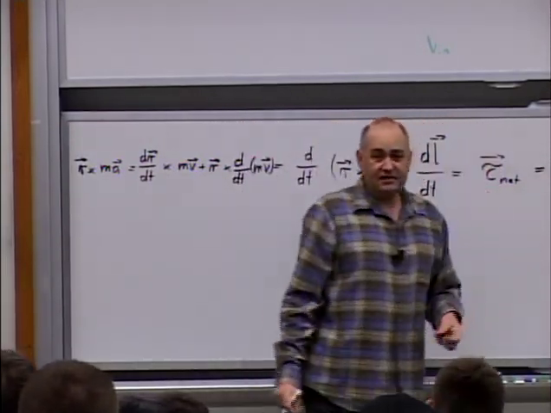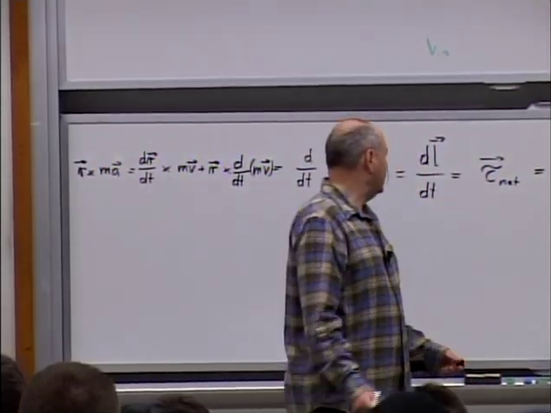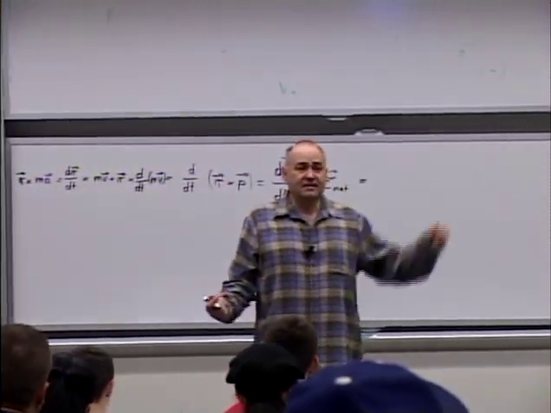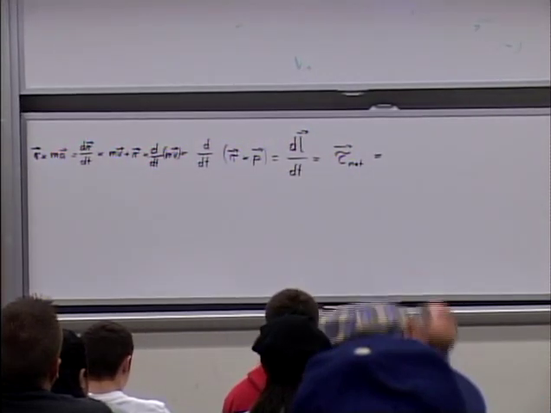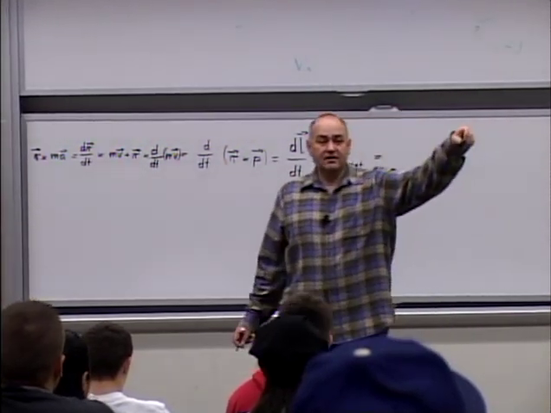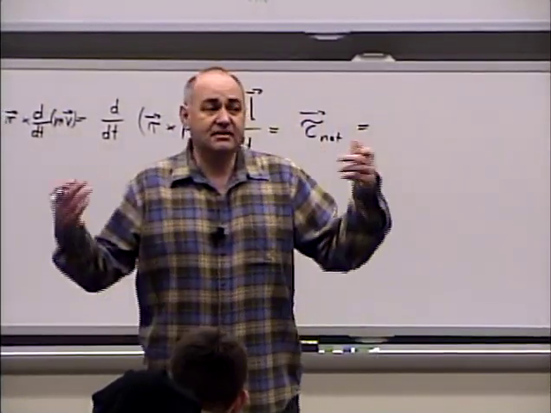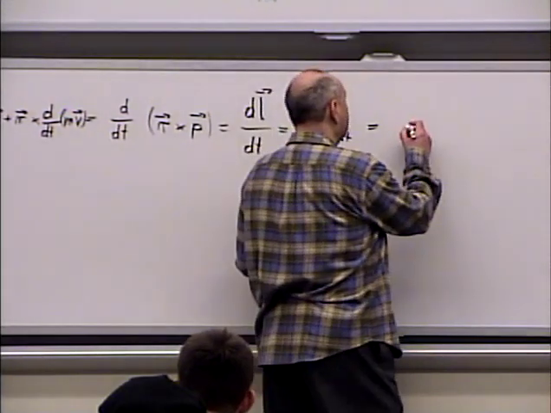All right, let's now see what we have on the other side. Here I have to take net torque, and I'm talking about a falling object. So what is the net force? Let's identify all interactions for a falling object. There is just gravitational interaction, correct. So really the net torque is equal to the gravitational torque.